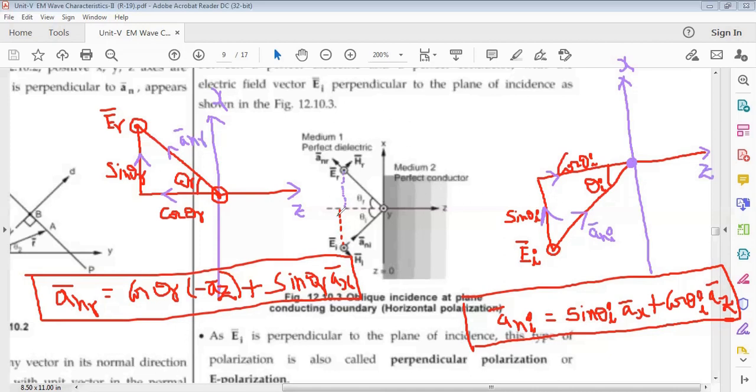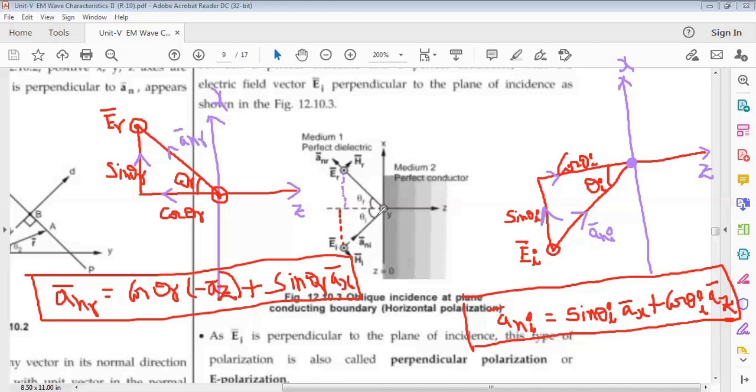Okay. Draw a line perpendicular from EI. Here the EI is perpendicular to the plane of incidence, simply saying. The electric field vector E bar perpendicular to the plane of incidence, this type of polarization is also called perpendicular polarization, because the electric field is perpendicular to the plane of incidence.